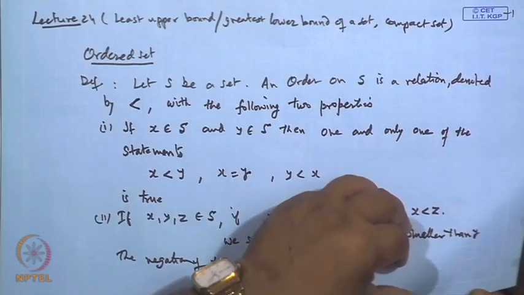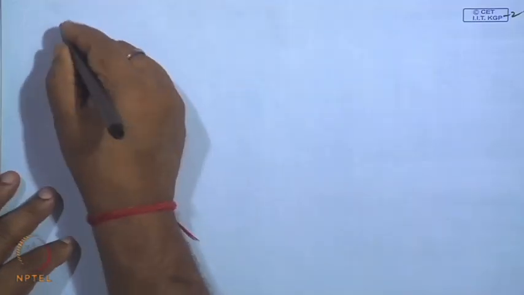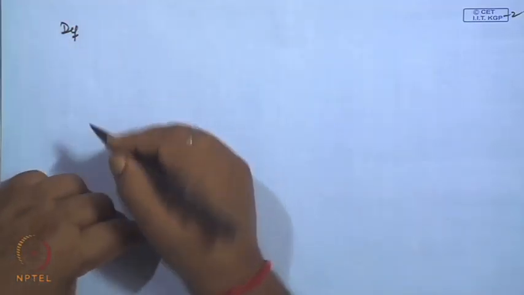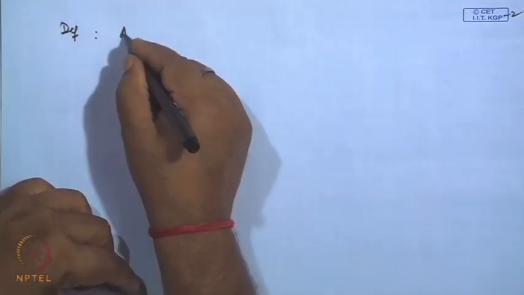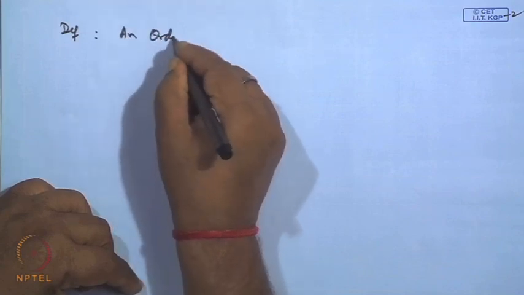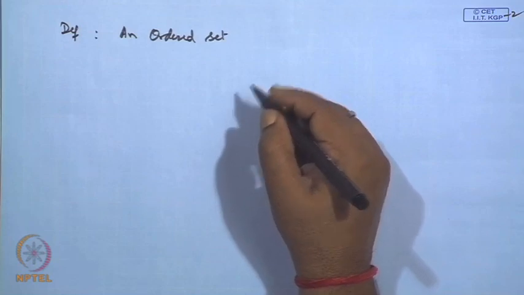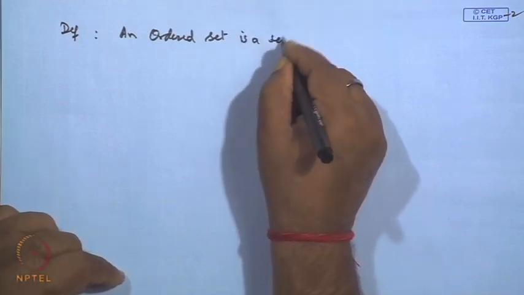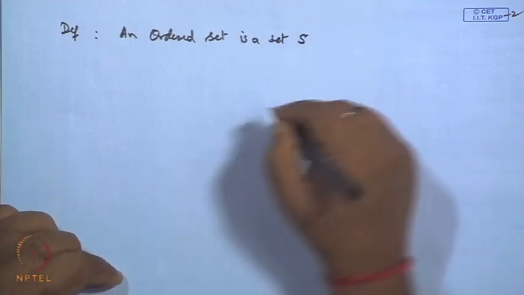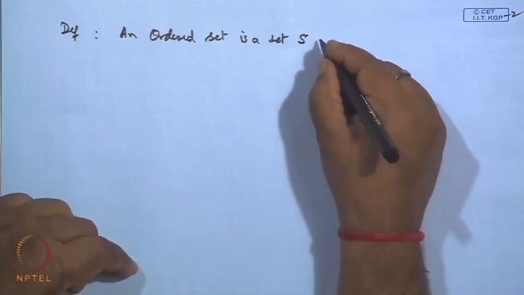Then an ordered set means a set S in which an order is defined.